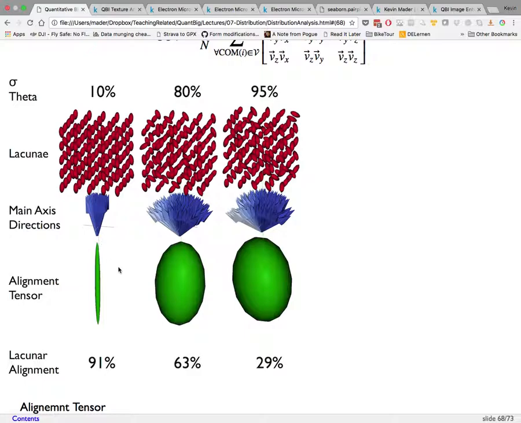If your alignment tensor is incredibly anisotropic, that means that everything is more or less pointing in the same direction. And if it's incredibly isotropic, then that means everything's kind of randomly oriented, and so your alignment is very low.